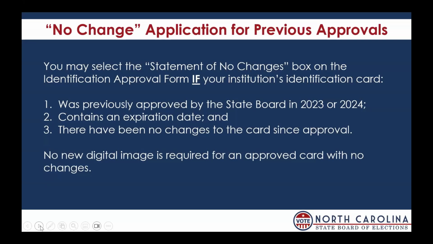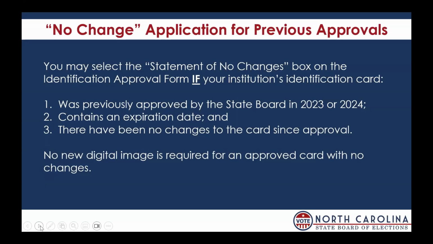So, changes could be things on the back end, so changes to how you process the card, maybe changes to the equipment, or changes to how you go about obtaining a photo of the student to be put on the card, something like that. Or it could be a design change. Maybe your card doesn't look the same way it did in 2023 or 2024.